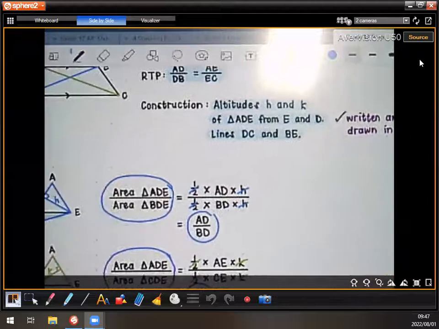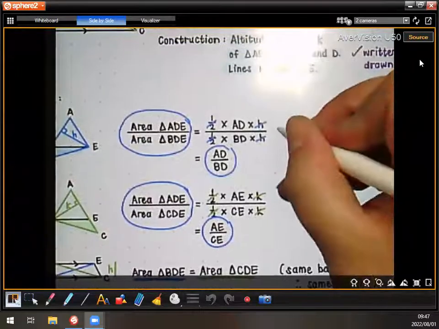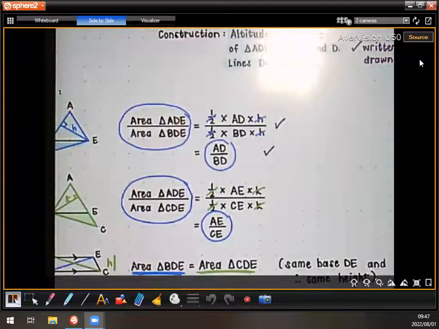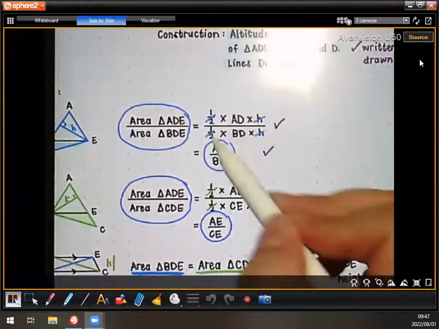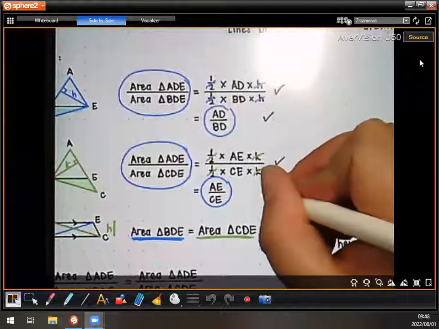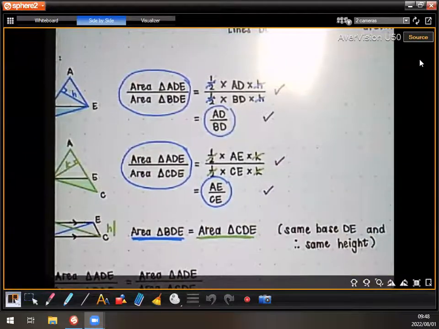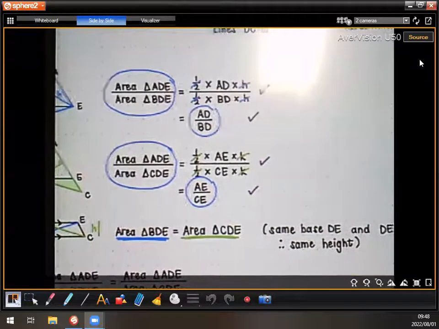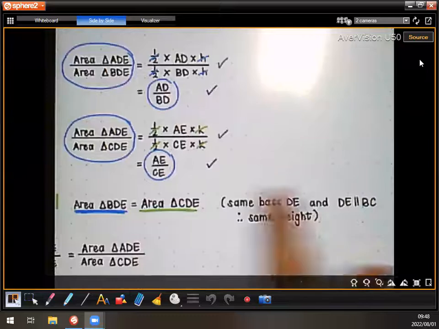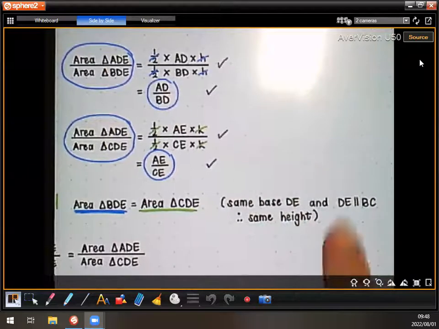Okay, next up, you will get a mark for that and then that. They'll give you a mark for showing the two areas and for simplifying. Then they'll give you a mark for this whole line, which includes the reason as well.